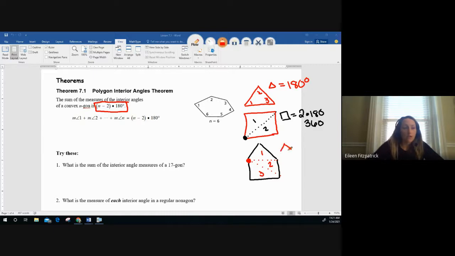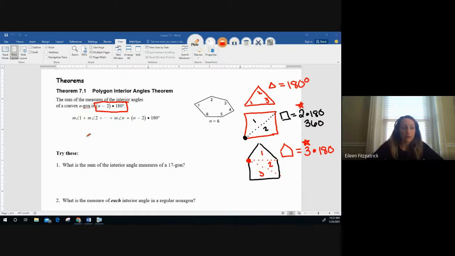So for a five-sided figure, you would take 3 times 180. So let's think about this for a second. For a four-sided figure, it was 2 times 180. For a five-sided figure, it was 3 times 180. What's the relationship between the 3 and the five-sided figure? What's the relationship between the 2 and the four-sided figure?